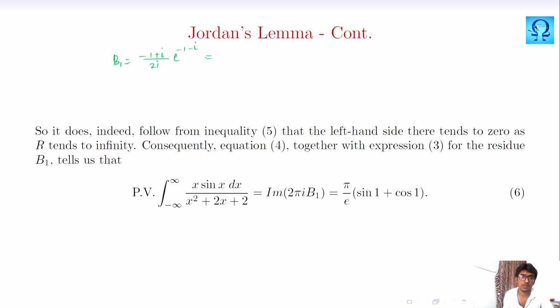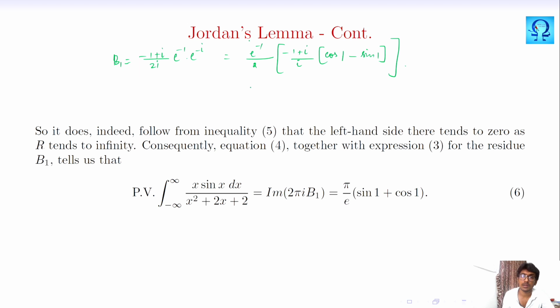So this is e to the power -1 multiplied with e to the power -i, actually the final thing. So this shall be written like that. e to the power -1 upon 2, which is constant, we just take it outside, times (-1 + i)/i that we have here, multiplied with e to the power -i, that is cosine 1 minus i sine 1, if I am not wrong, right?